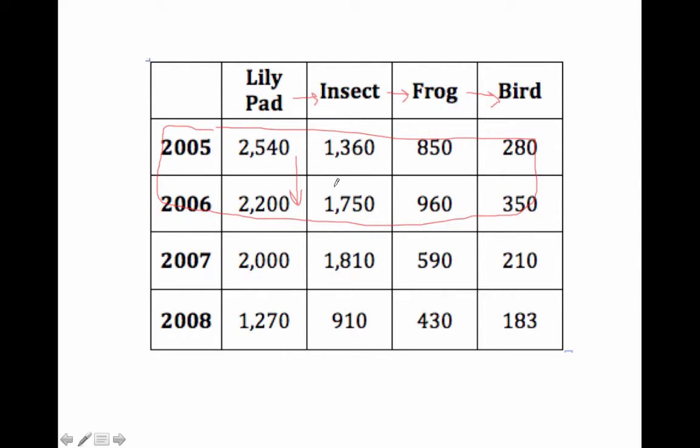The insect increased. My frog increased. And then my bird increased. So I'm just going to draw my arrows up above it. Oops, this one should be increase.